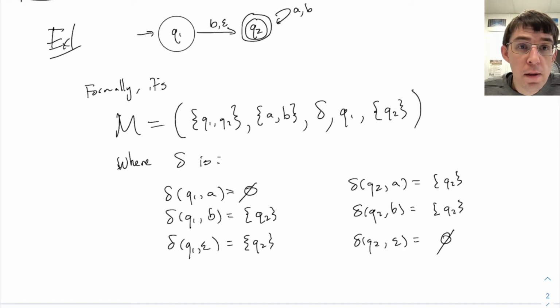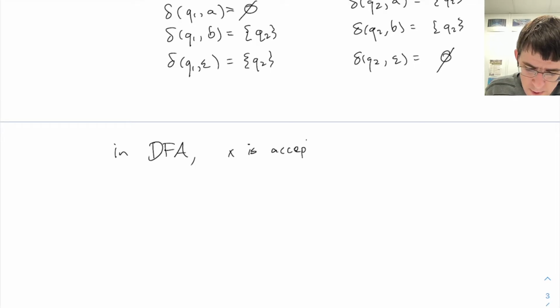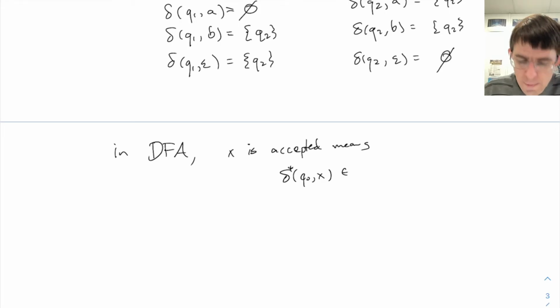All right, great. Let's talk about what it means formally to say a string is accepted. Remember, in a DFA, X is accepted means delta star of Q0 X is an element of F. I want to try to work out a similar thing.